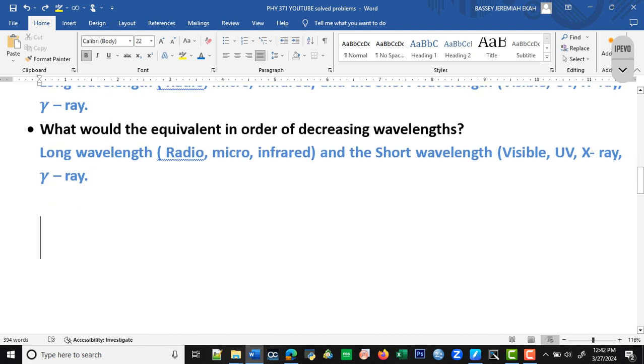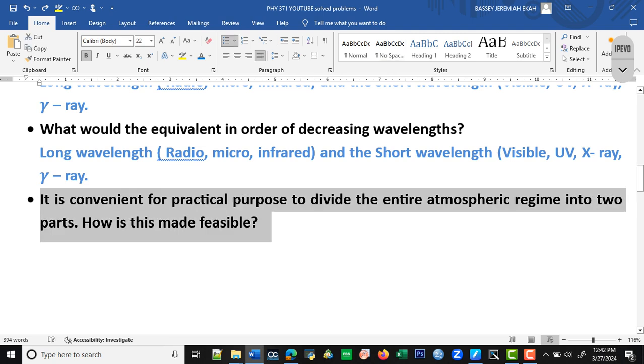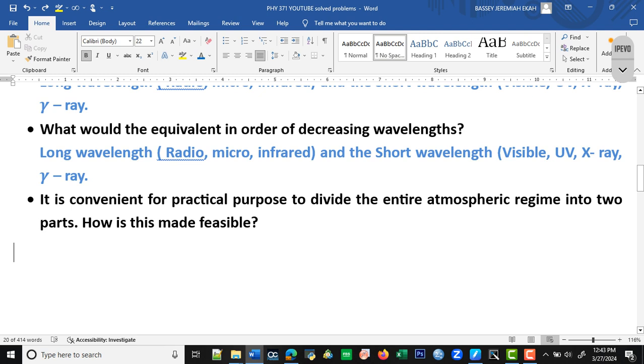The next question. It is convenient for practical purpose to divide the entire atmospheric regime into two parts. How is this feasible?